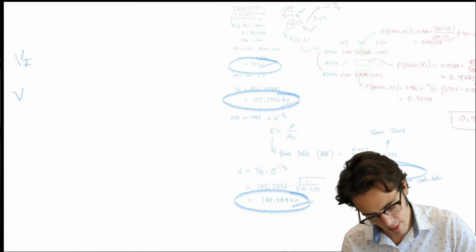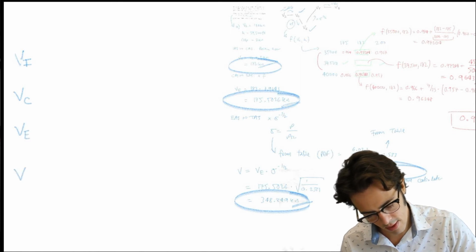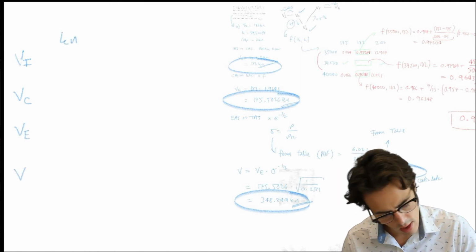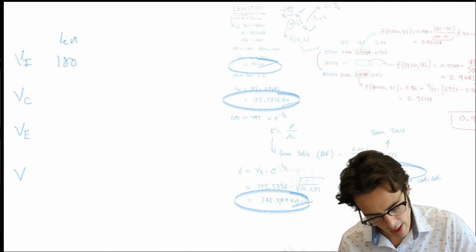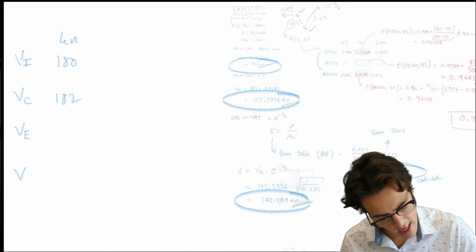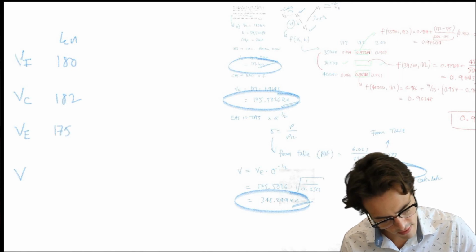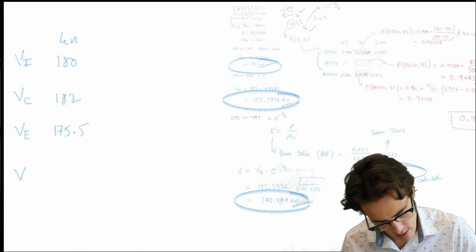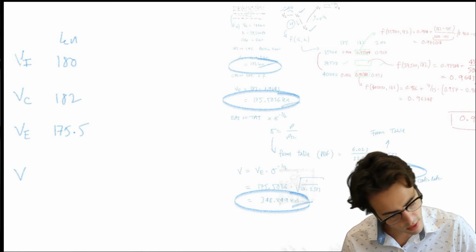VI is what we were given. We then got VC, VE, and V. So let's write these down in knots. VI was 180, VC was 182, VE 175, and I'm going to present to 1 decimal place, and V was 348.8.